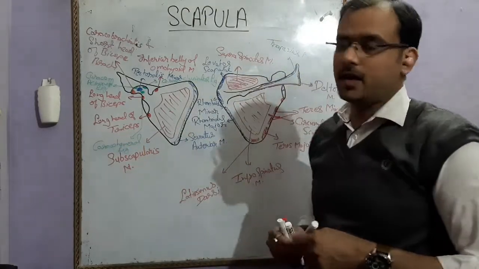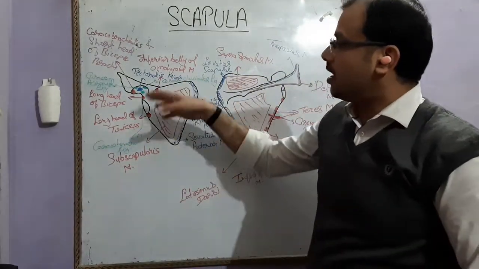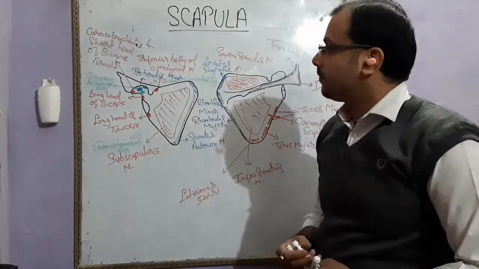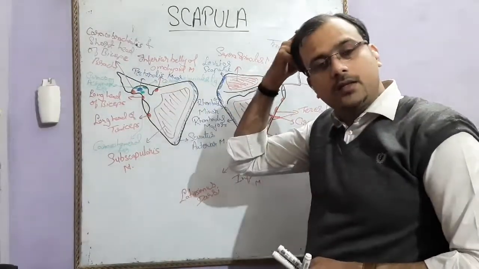So these are the three ligaments which are attached on the coracoid process of the scapula.